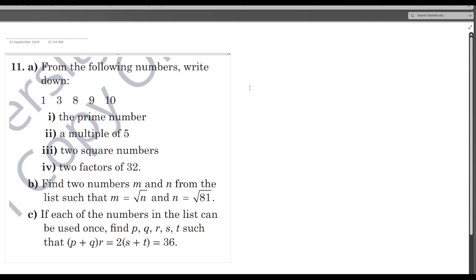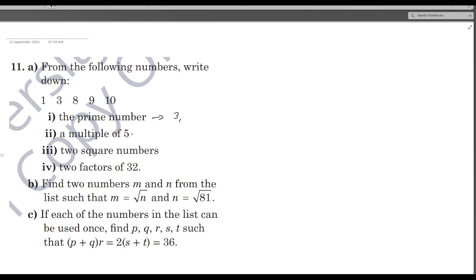Now the next question. From the following numbers, write down the prime numbers. Okay, so 1, 3, 8, 9, 10. What are the prime numbers? Your prime number will be 3. 8, 9, 10 are not prime, so only 3 is the prime number. A multiple of 5. So here the multiple of 5 is 10.